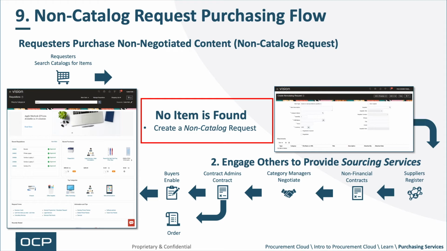Is it this dollar threshold? Is it this type of purchase? But that request gets negotiated. Then post-negotiation, we probably want to contract to make sure that our supplier is compliant in our agreements. And then if it's a good, a lot of times we'll enable it as an item in a catalog, so it can be ordered self-service. Now, for one-off goods, configured goods, or mostly services, we'll probably go straight from our contract to our purchase order.